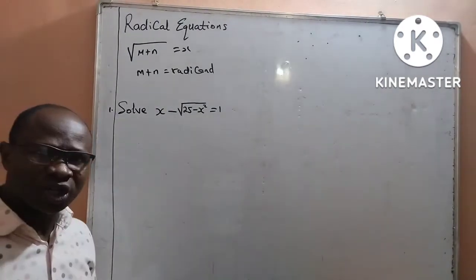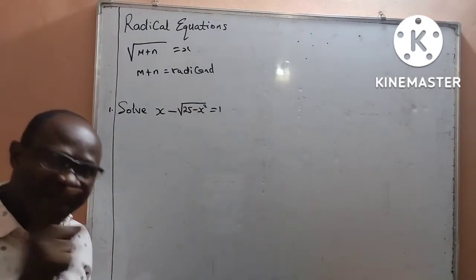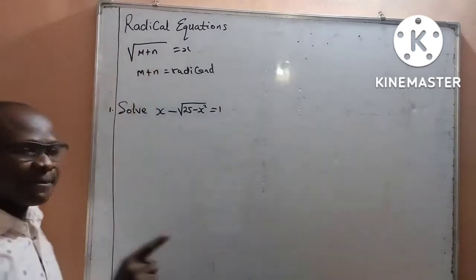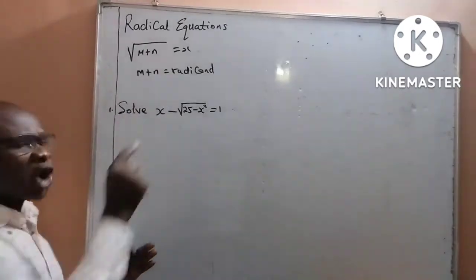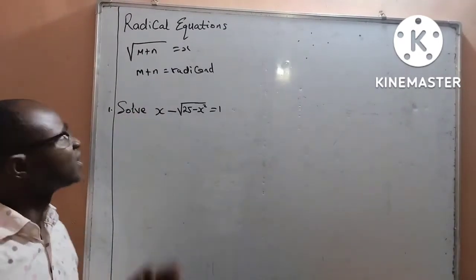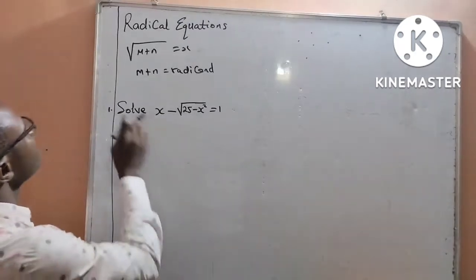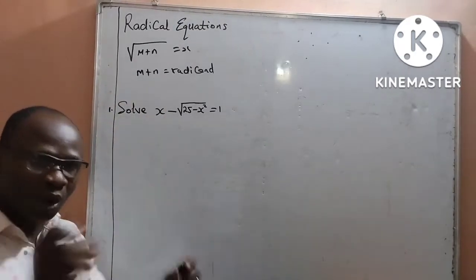A radical equation is where we have a variable under a square root sign. In this case, m plus n is under the square root sign. That is a radical equation. So questions can come as we have in example 1.